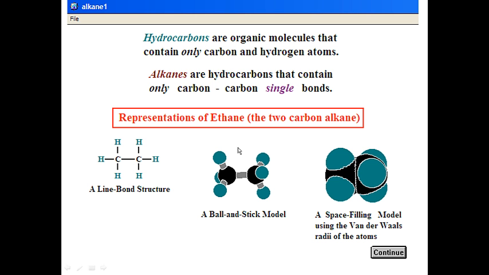Now, what I wanted to do very quickly was jump into chapter 3 and set the stage for the first functional group that we're going to talk about, which are alkanes.